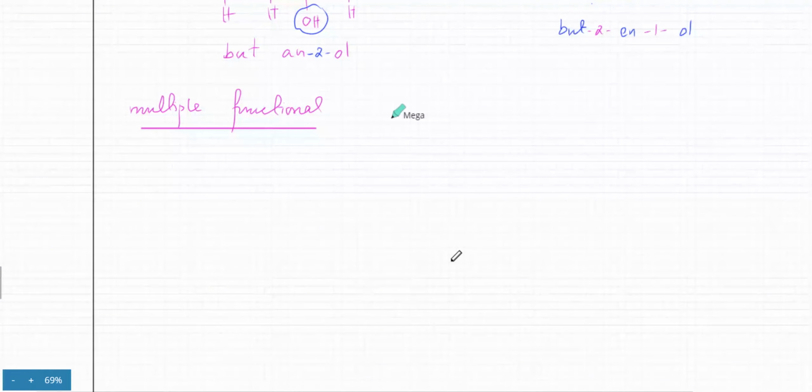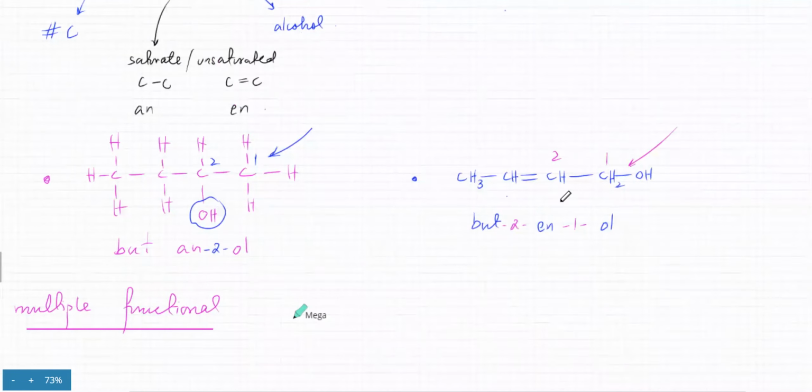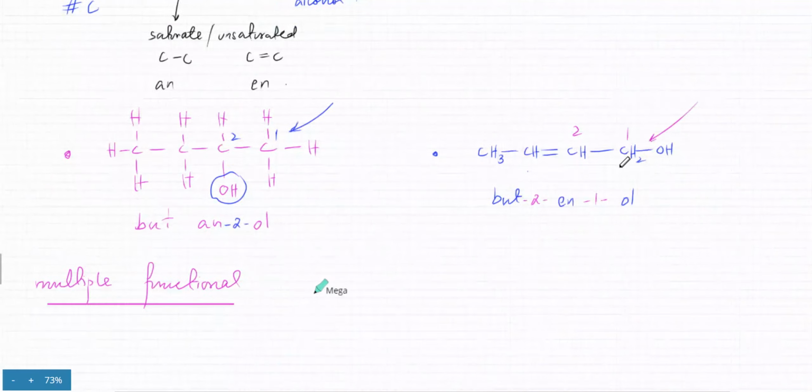And you have to learn how to practice both ways. If the name is given, you have to figure out the structure. If the structure is given, you have to figure out the name. Both ways are kind of different, because when the name is given, people get confused. They can't figure out the structure. They might learn how to name a structure, not the other way around. So we're going to practice both ways.